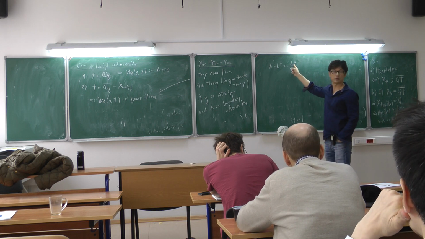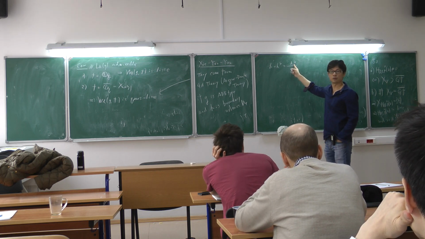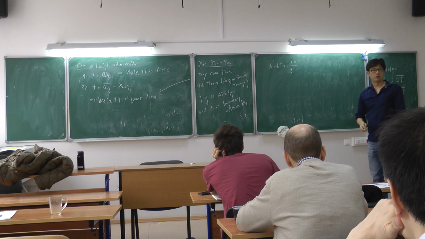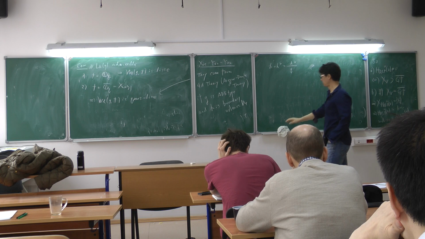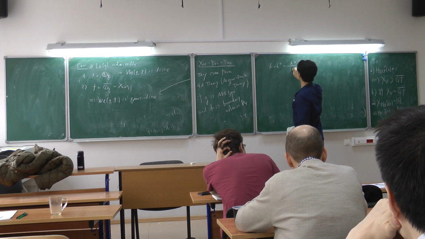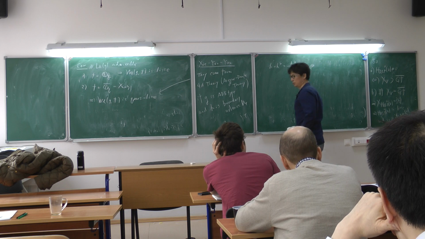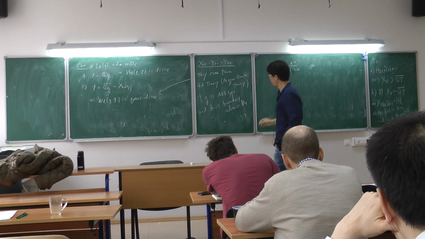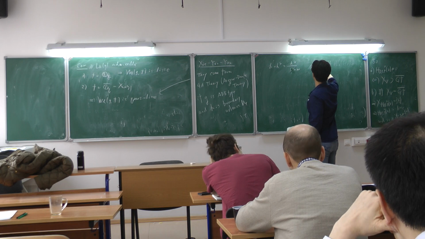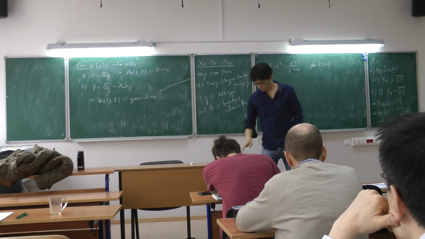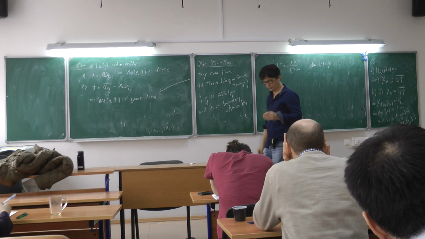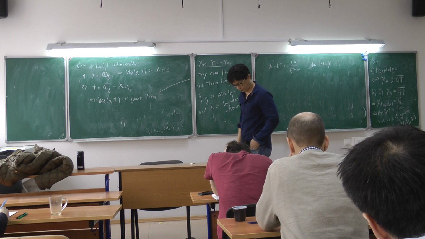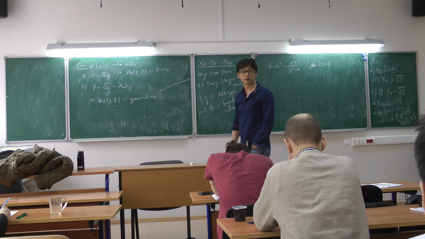So the numerator is the smallest possible, the h. Maybe I want to add some number. So this is a large class of examples of VOAs coming from 4D theory.